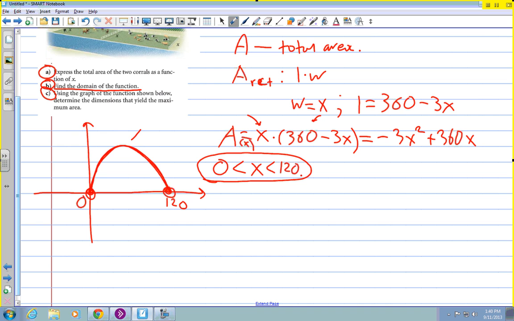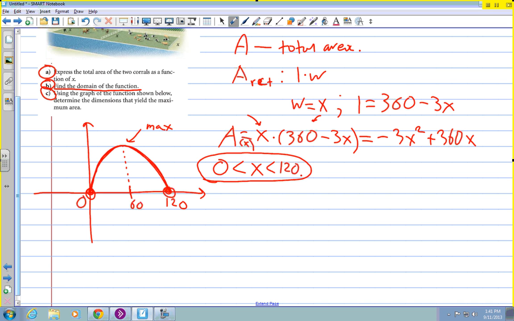This is the max. Now, parabolas are symmetric creatures, so I can just guesstimate that this value is 60 here. It's halfway in between. So that tells me when x equals 60, it will produce the largest possible area.